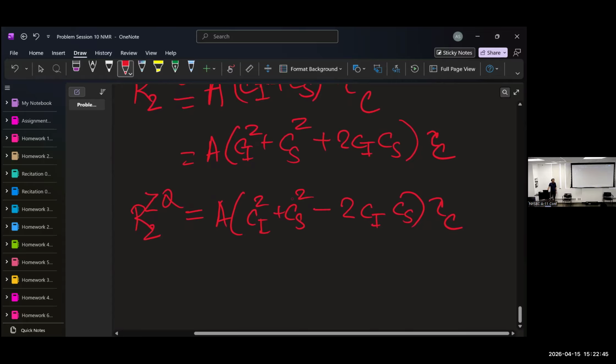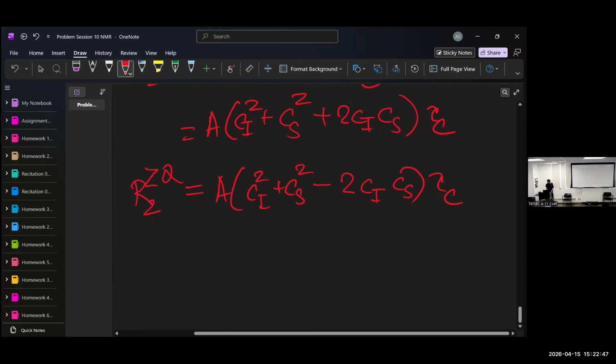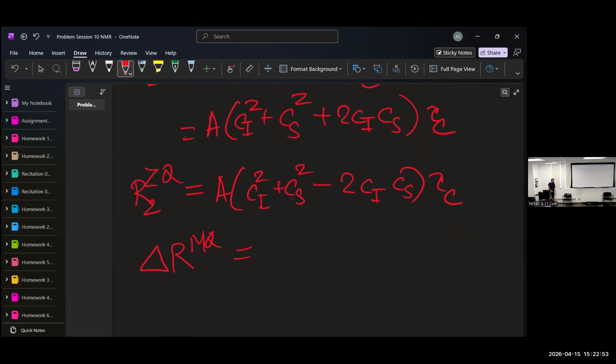These two are not the same, as you can see. We often define this delta R n Q. This is in some of the literature. Delta R n Q is this difference in the R2 of the zero quantum and the double quantum. For simplicity, we will define it as the modulus of the difference.